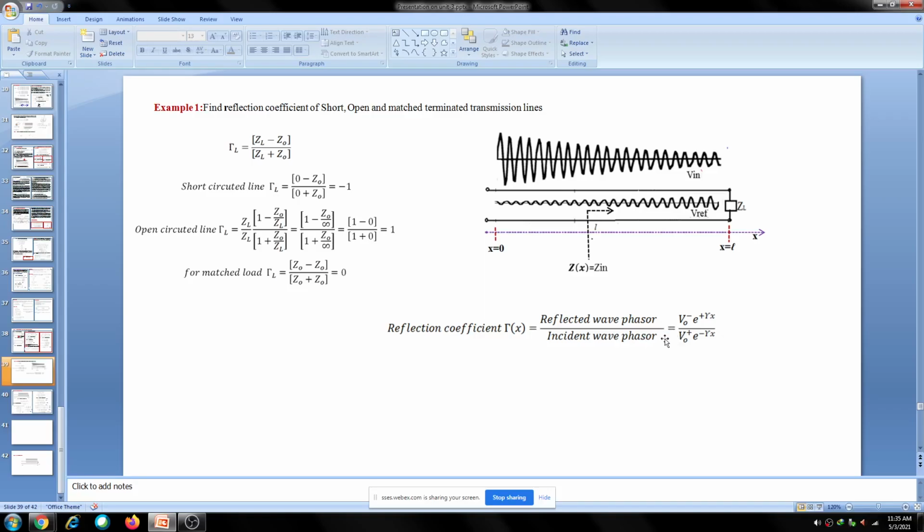For example, if the incident wave itself is 30 degrees and you get 0.5 angle 90 degrees, then the reflected wave is 120 degrees, while the incident is 30 degrees. The difference between these two is 90 degrees. Based on the incident wave phase, the reflected wave phase will be measured. The incident amplitude and phase are the reference for measuring the amplitude and phase of the reflected wave. That is the reflection coefficient.